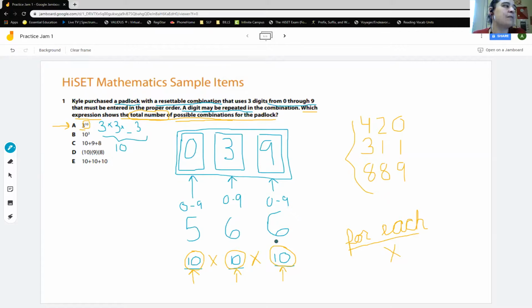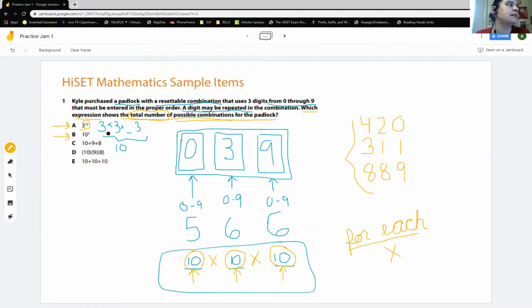So is that the same as our solution to this problem? No. In this case, we're multiplying 10, and we're multiplying 10 3 times, but we're not multiplying the factor 3 10 times, right? So that's kind of got it backwards. So let's look at the second expression here. In the second example, we have, again, an exponential expression, but this time the base is 10 and the exponent is 3.